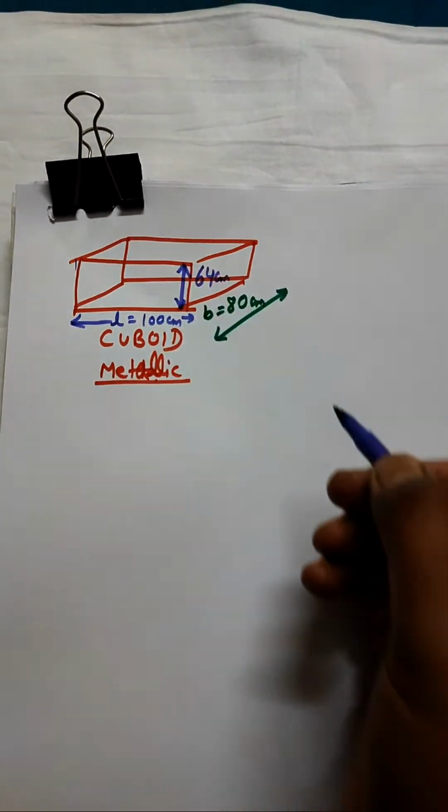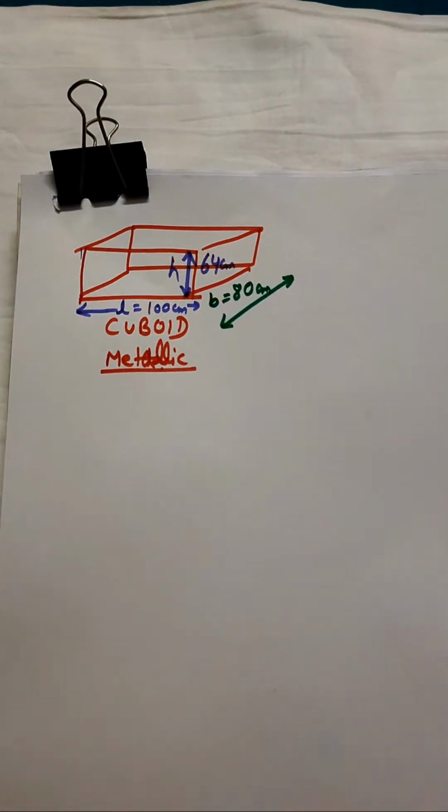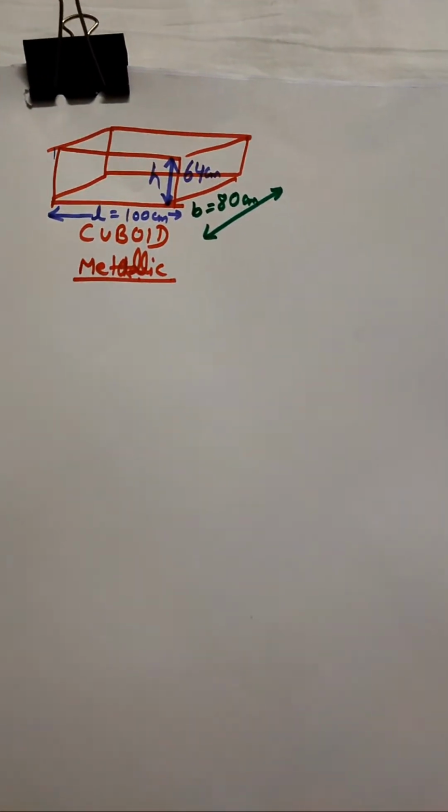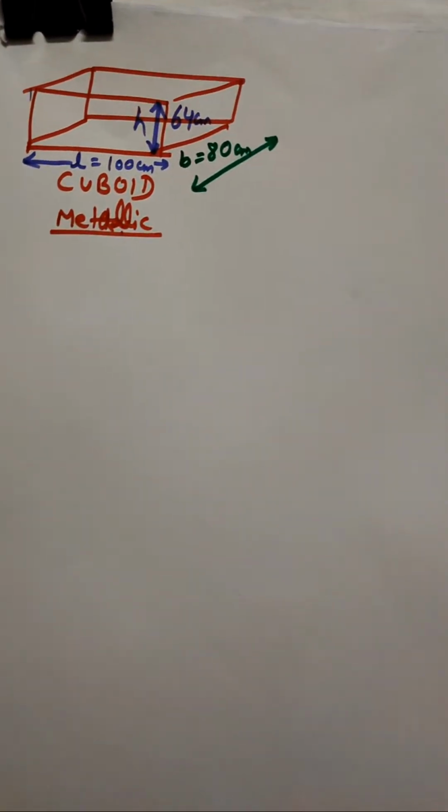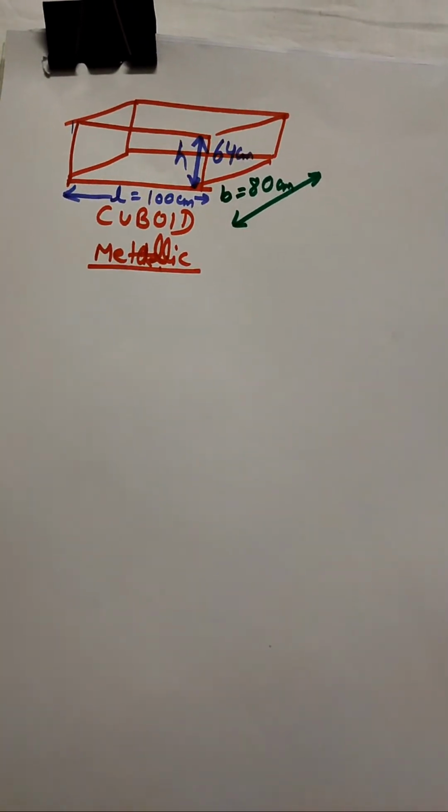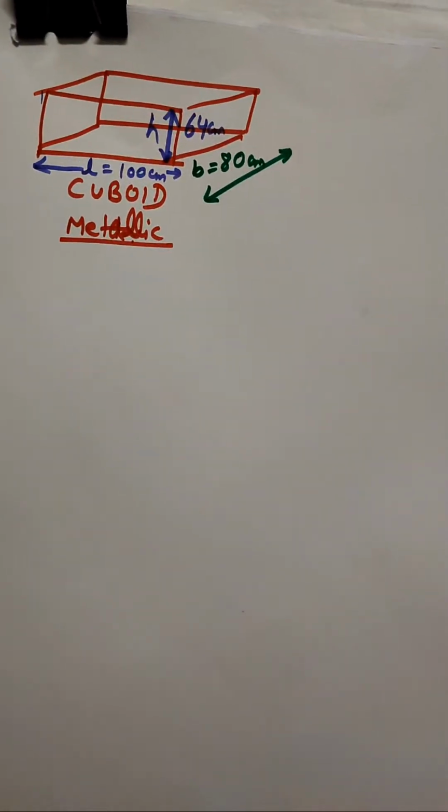So we are having the three dimensions which are required for any cuboid, and we have a metallic cuboid, right?